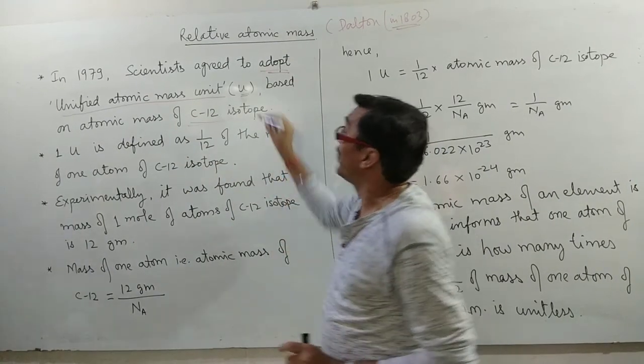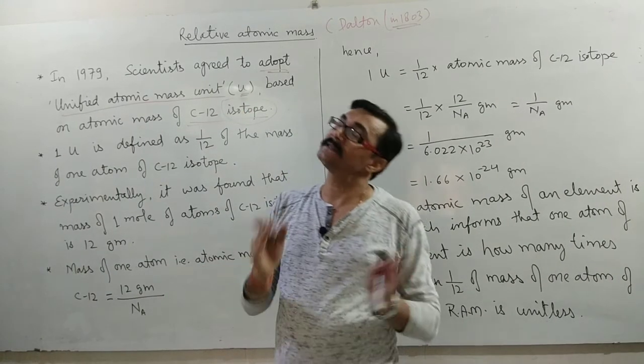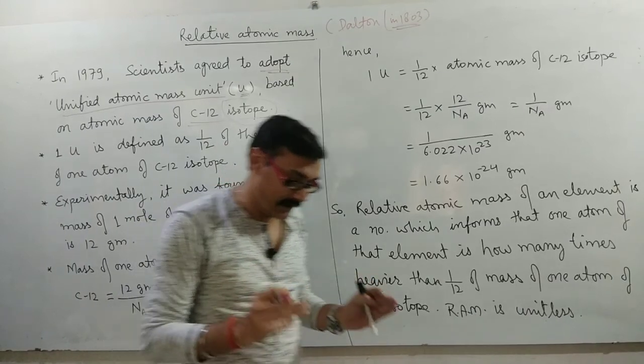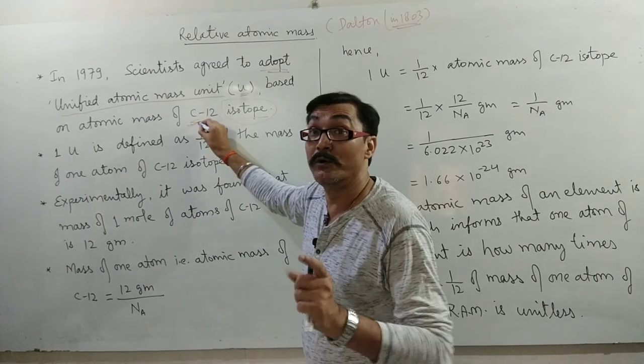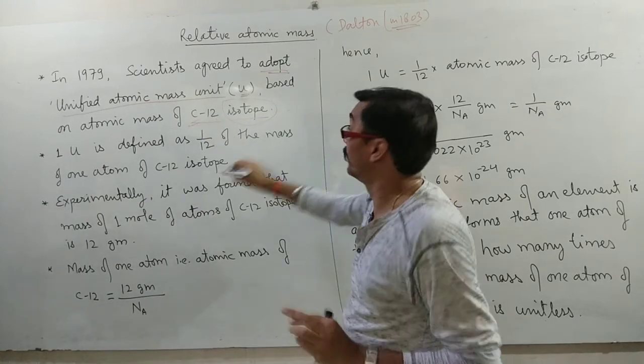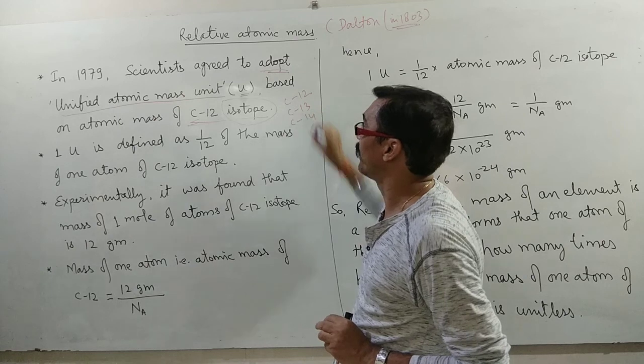As you know, isotopes are the different atoms of the same element having different masses. Carbon is found in the form of three isotopes: carbon 12, carbon 13, carbon 14.